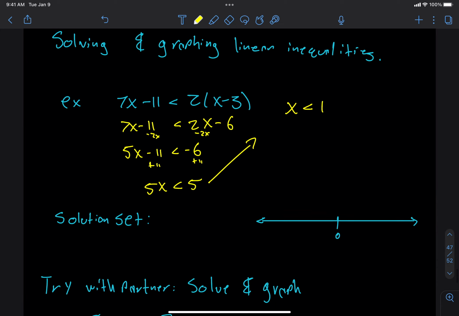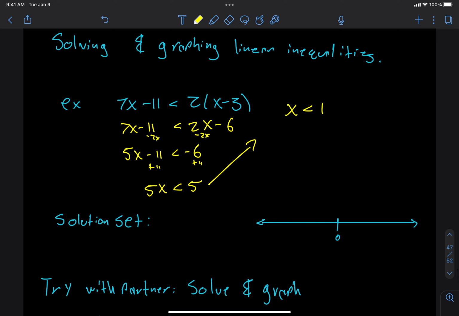Okay, so two new things that we're going to talk about with the inequalities that we don't have with the equalities are the solution set and the graph of an inequality. So we already talked a little bit about the graphs of sets.